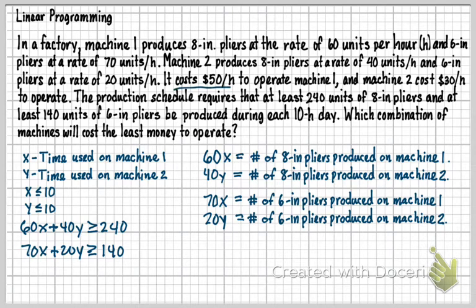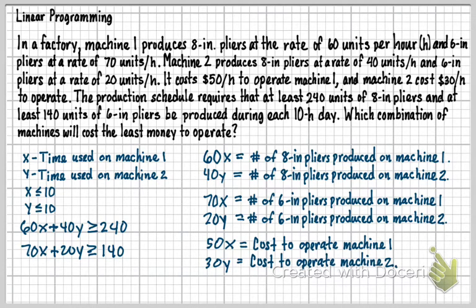It costs $50 per hour to operate machine 1. So that would mean it would be 50X, the amount for operating machine 1. And machine 2 costs $30 per hour to operate, so that would be 30Y.